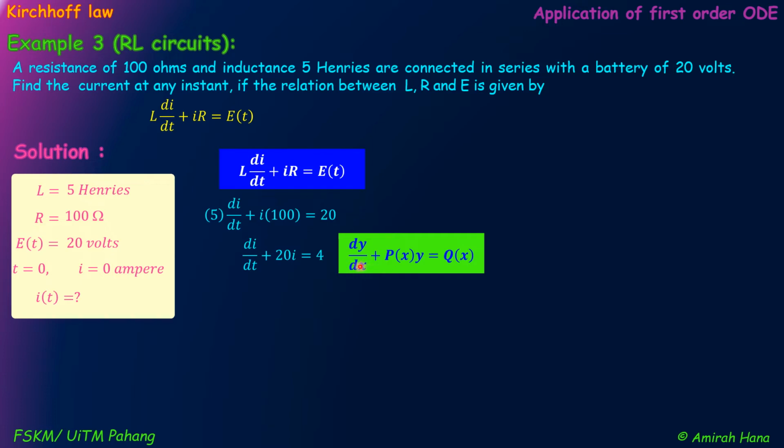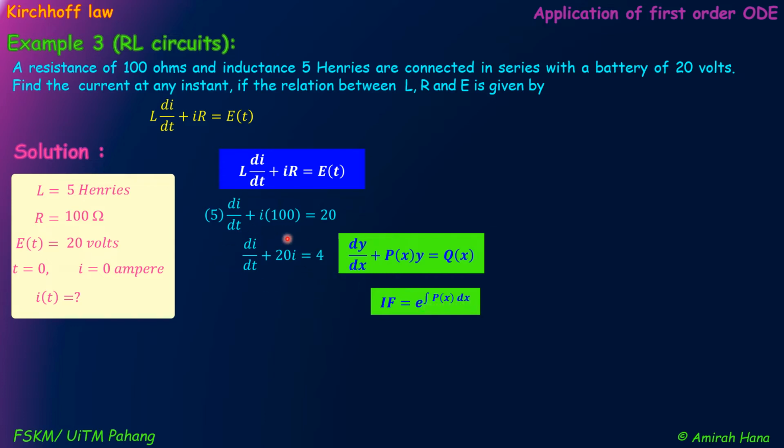Alright, we recall back under linear equation, the most important part is to find IF, which is the integrating factor. IF equals e to the power of integration of P(x) dx.